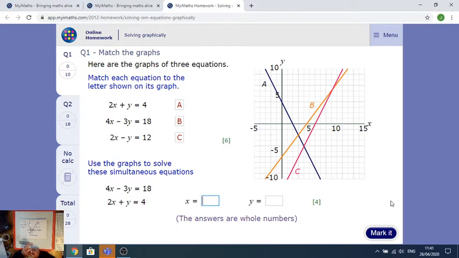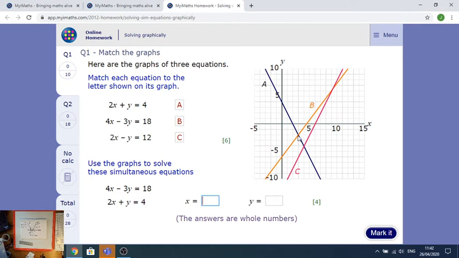So the last bit says use the graphs to solve the simultaneous equations. You've got 2 simultaneous equations, which are 2 of the ones we've already mentioned. So it's 4x minus 3y equals 18, which is represented by the orange line, line B, and then you've got 2x plus y equals 4, which is A, represented by the blue line.